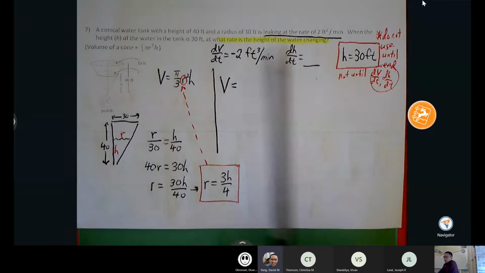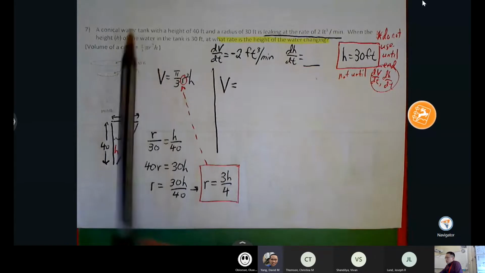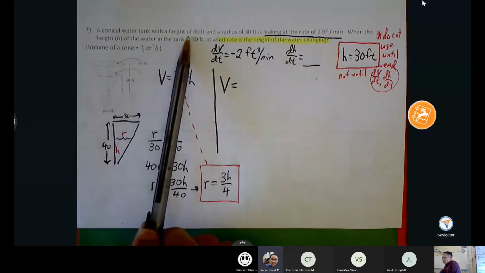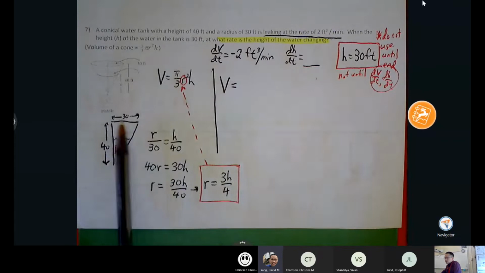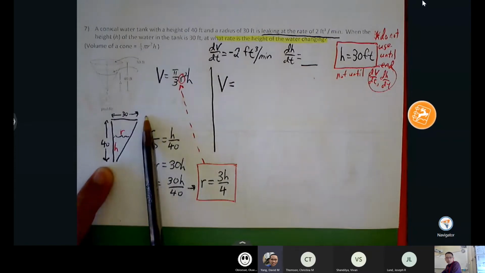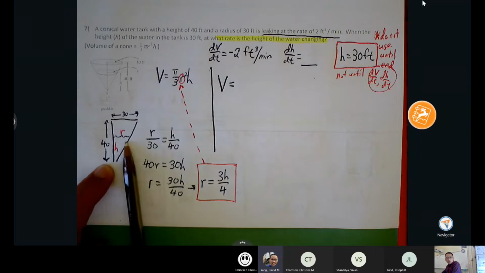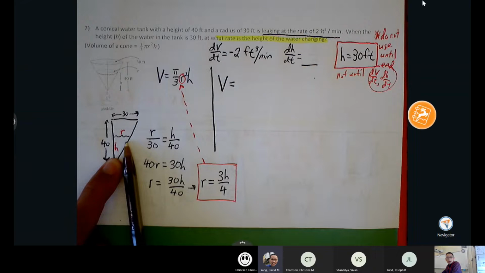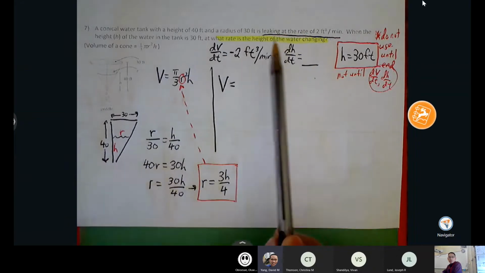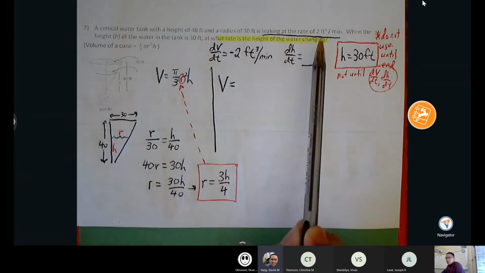Joey here. So we have a water tank, height of 40 feet, radius of 30 feet. So those are the dimensions of our tank. R and H are the dimensions for our water level. We know those are changing throughout. Leaking at a rate of 2 cubic feet per minute.